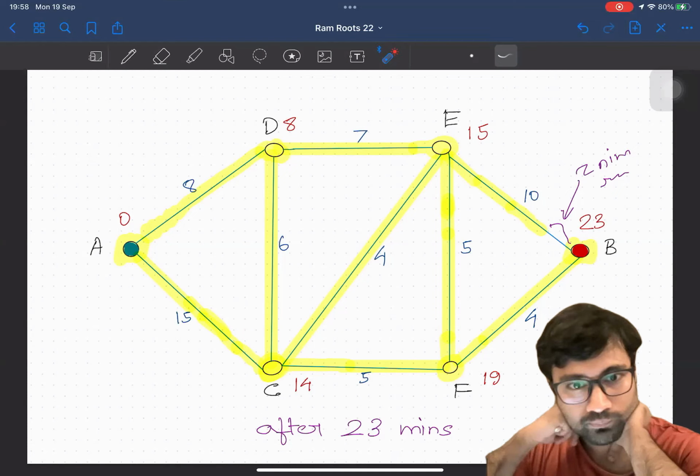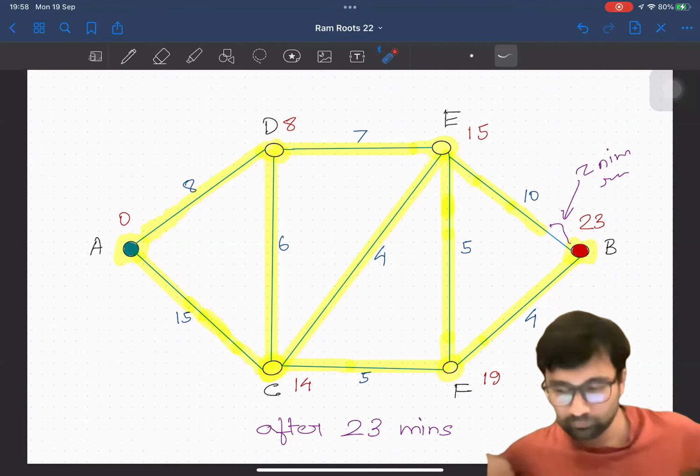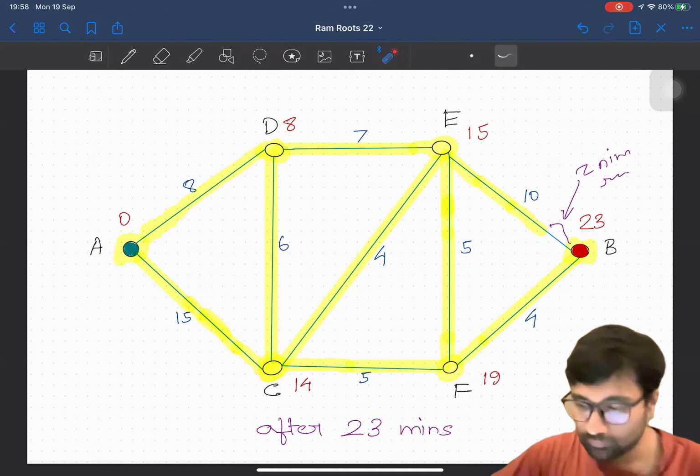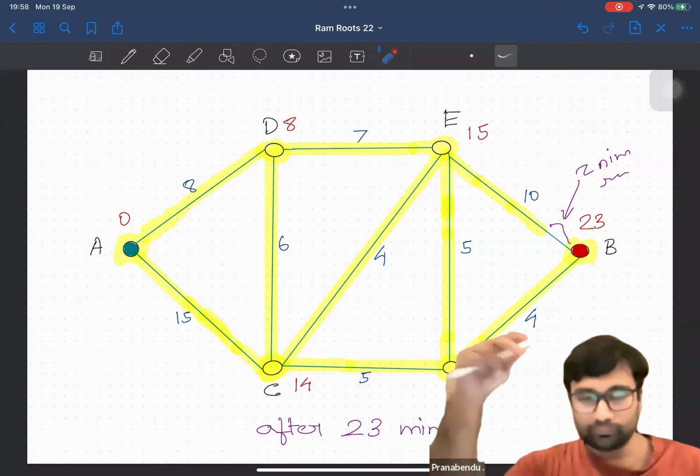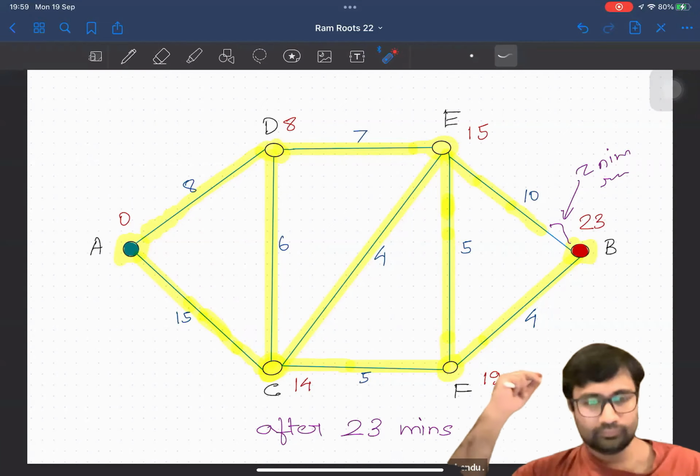So we can remove that line. And before the flame went from E to B, the flame already went to B from another direction. Likewise, when the flame went from A to C, another direction came before. So we can remove AC, CE, CF, and CB, and then you'll clearly see that A to D to C to F to B is the only solution.